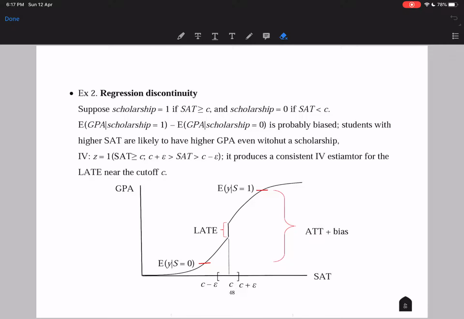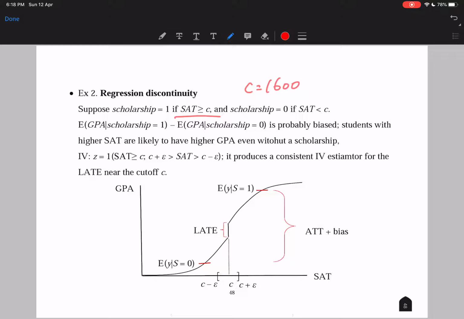So the last topic we are going to talk about is regression discontinuity. So let's start with a simple example here. Let's say we want to estimate the effects of having a scholarship on a student's GPA, and students will have a scholarship if their SAT score is greater than a cutoff C, let's say C equals maybe 1600, for example.